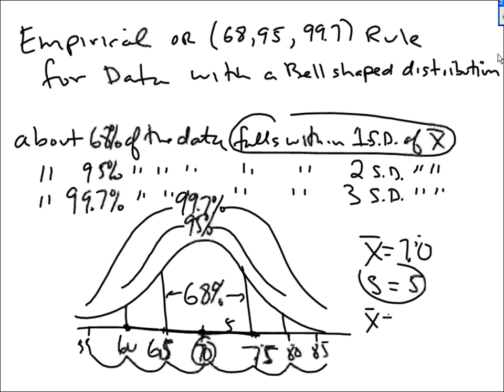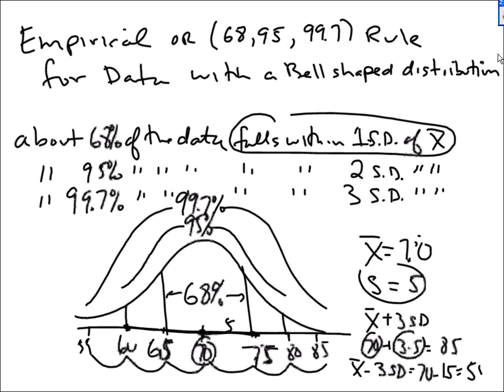X bar plus 3 standard deviations is 70 plus 3 times 5, that's 15, so 85. X bar minus 3 standard deviations is 70 minus 15, that's 55. About 99.7% of the data, almost all of it, will be between 55 and 85.